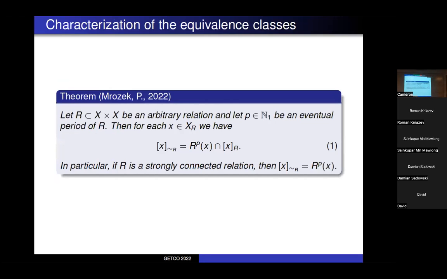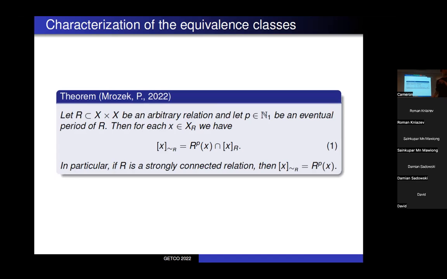Here is maybe a technical theorem, but I think it is important because it shows how this refined equivalence relation is related to the eventual period. Namely, the classes of this tilde relation are exactly the intersection of R^p of x with the strongly connected component of x.